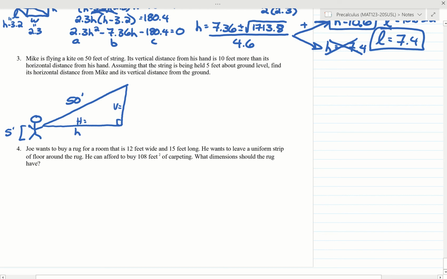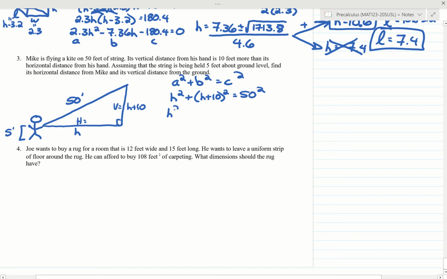The vertical distance would be 10 feet more than that, so that's h plus 10. So it looks like we have a Pythagorean theorem problem, where a squared plus b squared is equal to c squared. We'll let a be h, we'll let b be h plus 10, and c is 50.